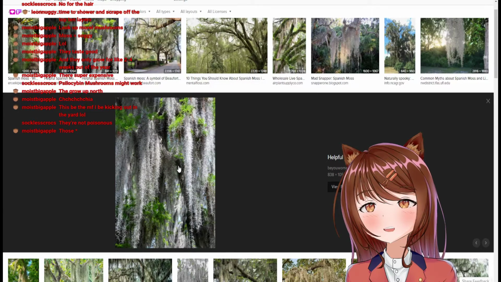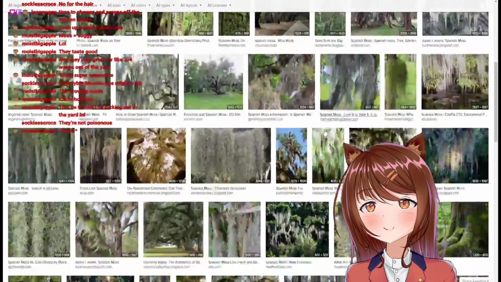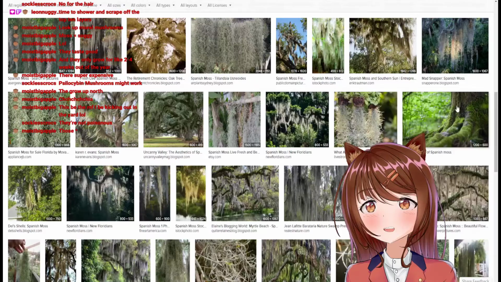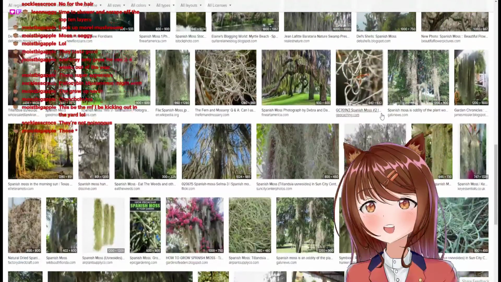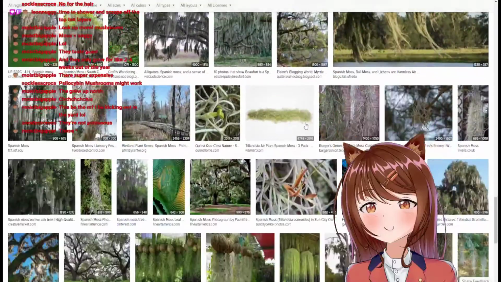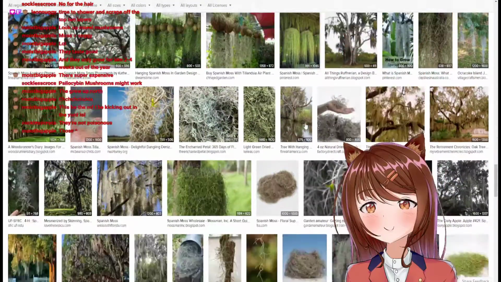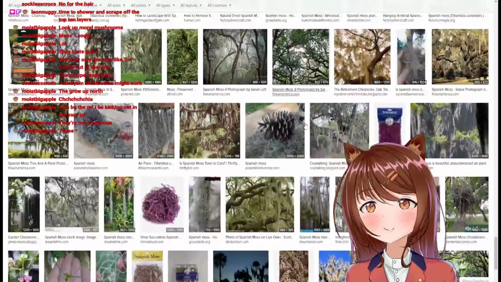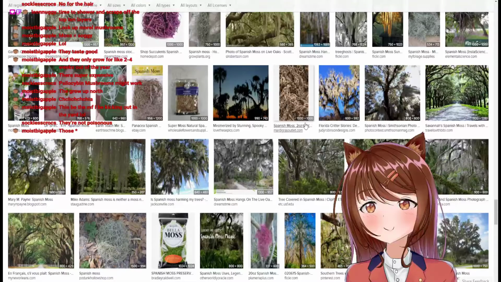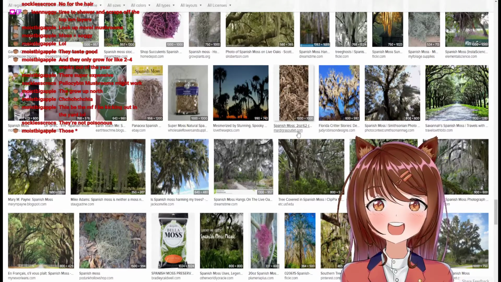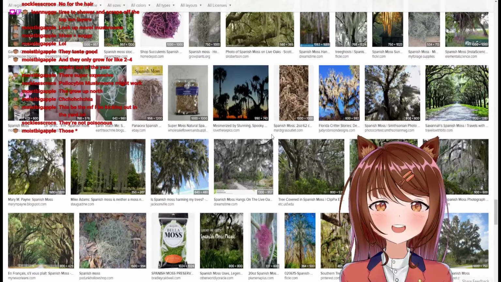Spanish moss is really pretty. I wouldn't mind having hair that was like Spanish moss. You'd have to live somewhere super humid though. And your hair would die if you went into a pool, because the pool has so many chemicals in it. Oh no.